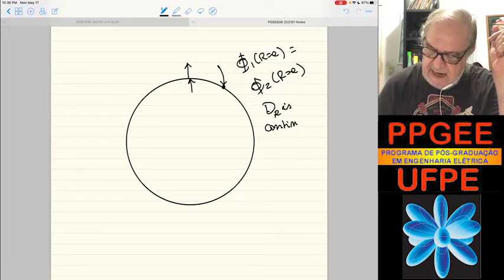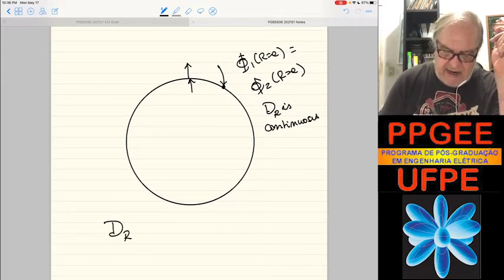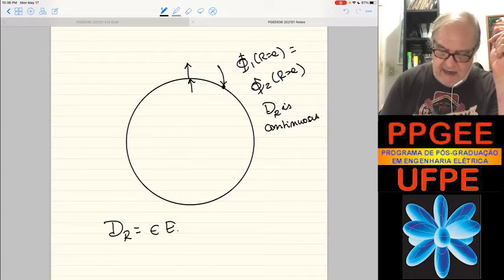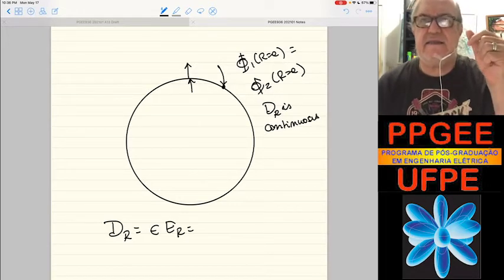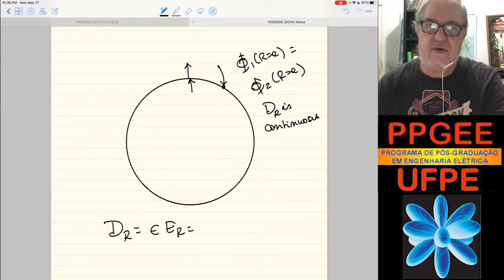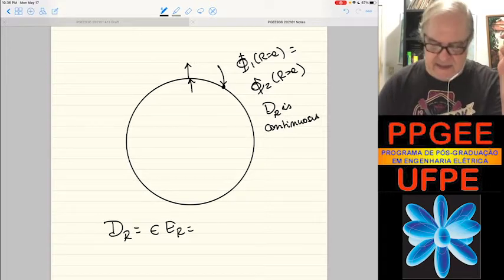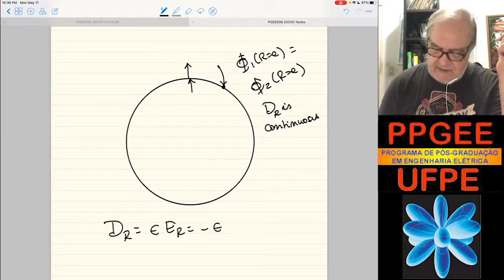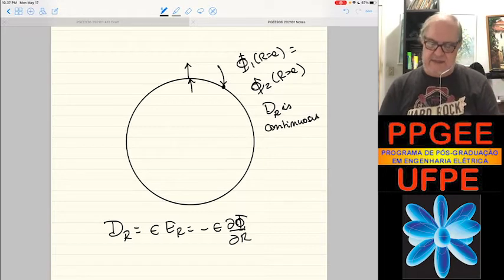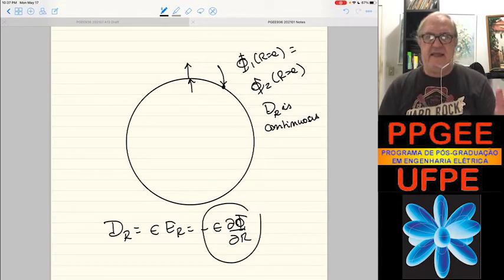Recall D_r equals epsilon E_r, and E_r is the normal, radial component of the gradient. It's going to be minus epsilon d phi dr on either side. So I have to match the product of epsilon times the derivative on each side, for solution 1 and solution 2, at r equals a.